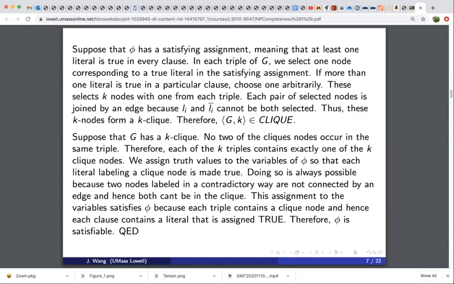So now we want to show that this is indeed a reduction. So what we need to show here is that phi is in 3SAT if and only if f of phi is in clique.